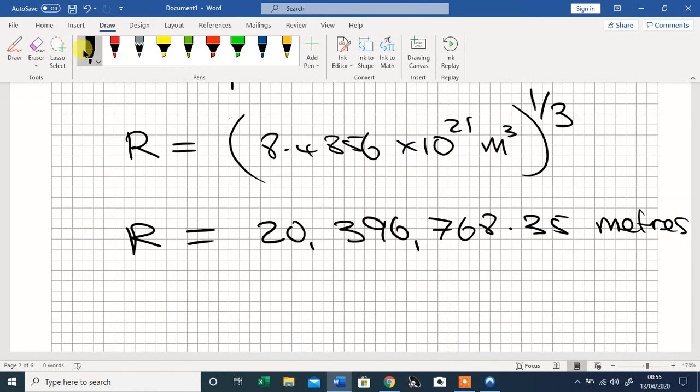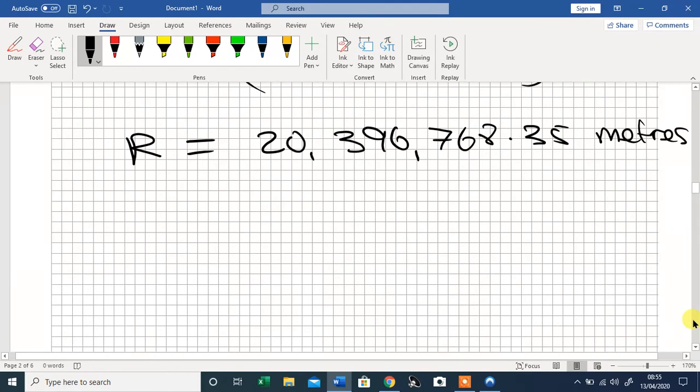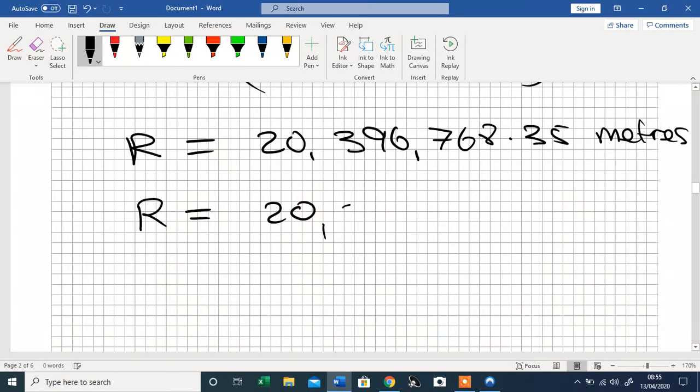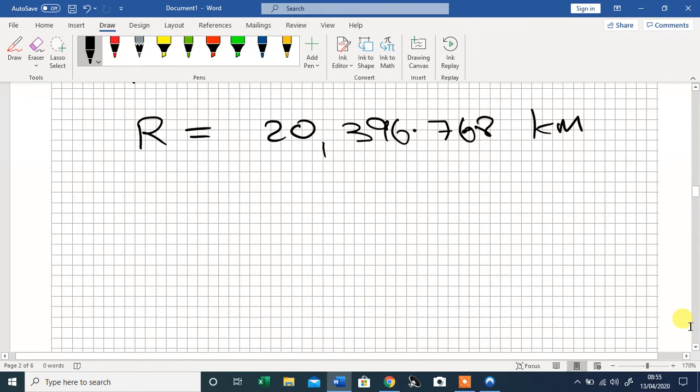Okay, so what's that in kilometers? Above the centre of Mars, I apologise. So if we divide by 1,000, that comes out to be 20,396.768 kilometers above the center of Mars. I'll just write that down for you.